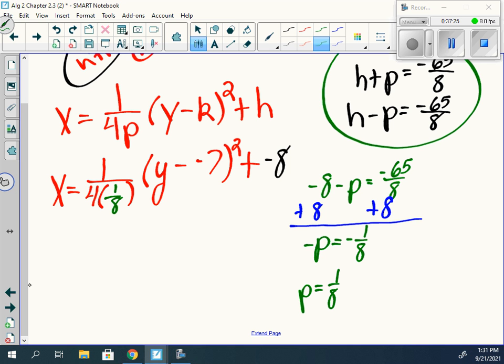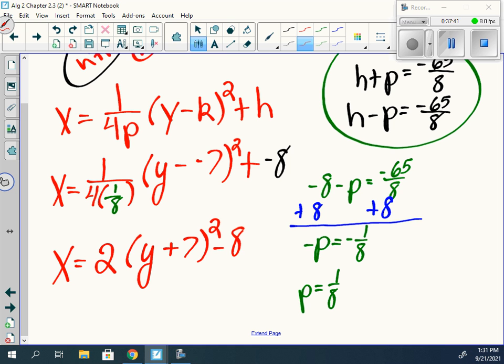And last but not least, we need to simplify. Well, 1 over 4 times 1/8. I feel like we saw that a minute ago, didn't we? It's just going to be x equals 2 times (y plus 7) squared minus 8. And that's it.